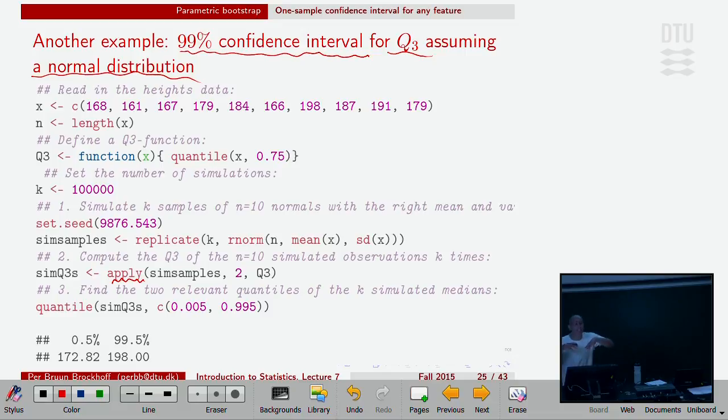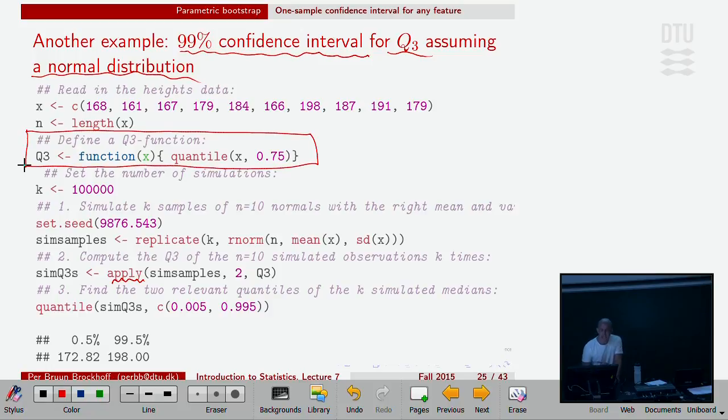So, to take this beyond functions that exist by themselves in R, we need this little extension of R: being able to specify our own R functions. And it's not extremely complicated, as I hope you can see here.